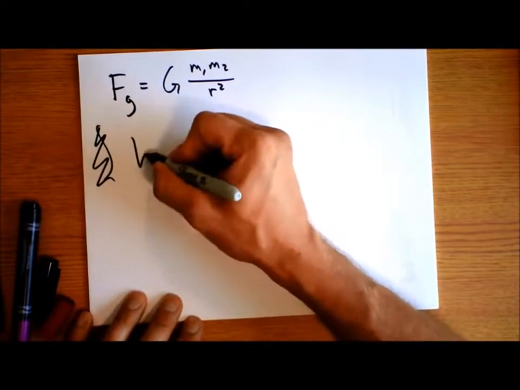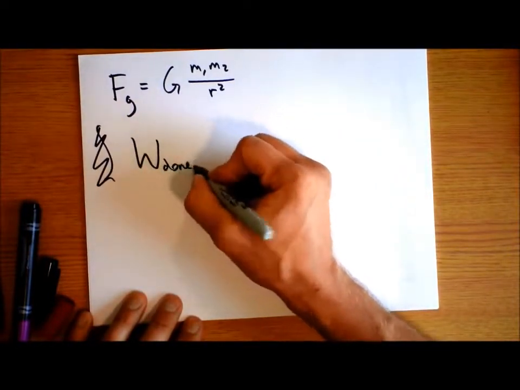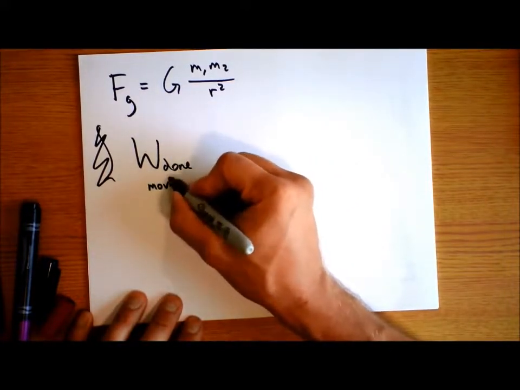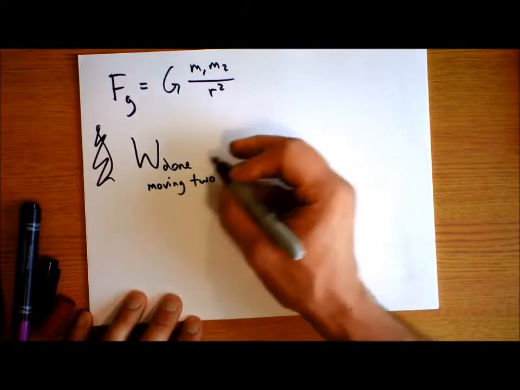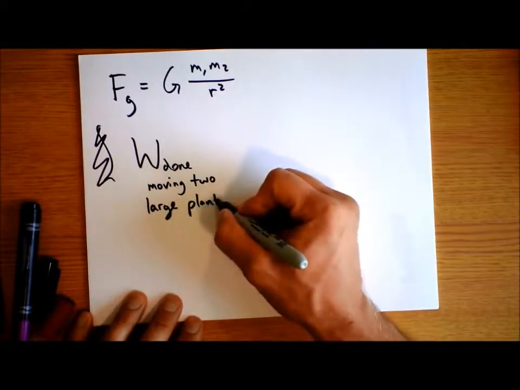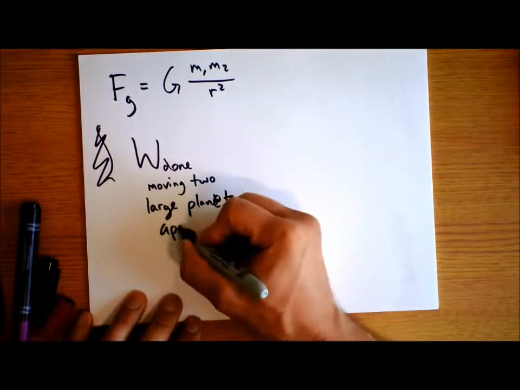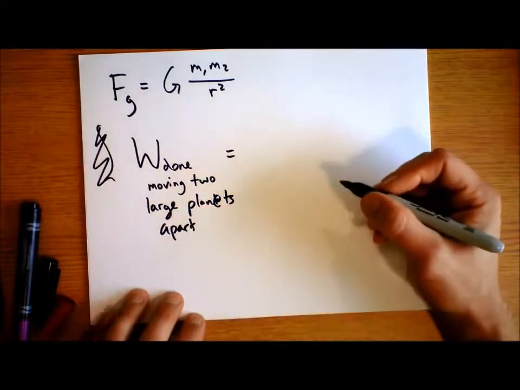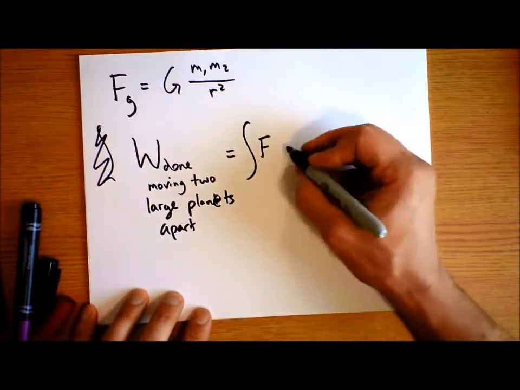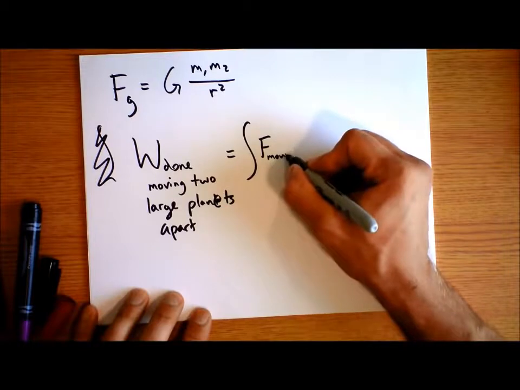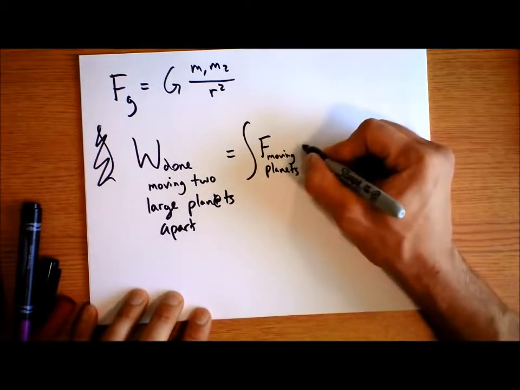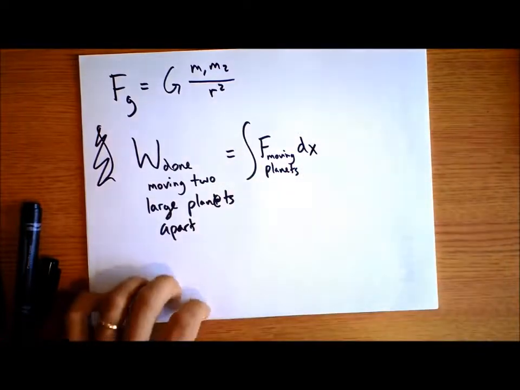Let me title it first: work done moving two large planets apart. The work done moving these two large planets apart is the integral of the force moving the planets over the distance that the planets have moved.